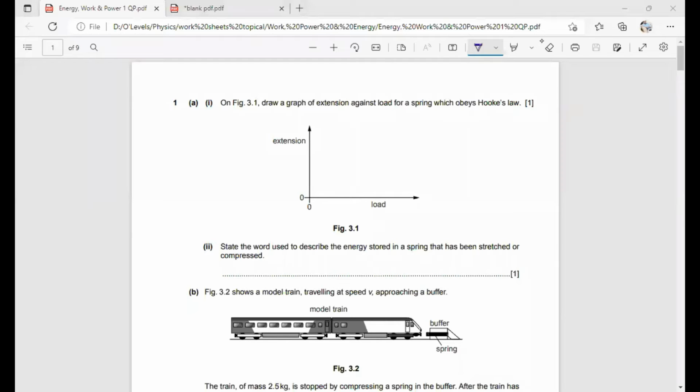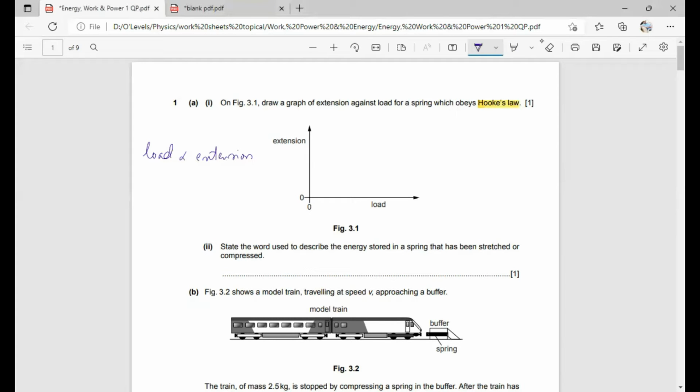So in question number 1, this is a graph of extension against the load for a spring which obeys Hooke's law. Actually, Hooke's law is the topic related to deformation, and according to Hooke's law, load is directly proportional to extension.